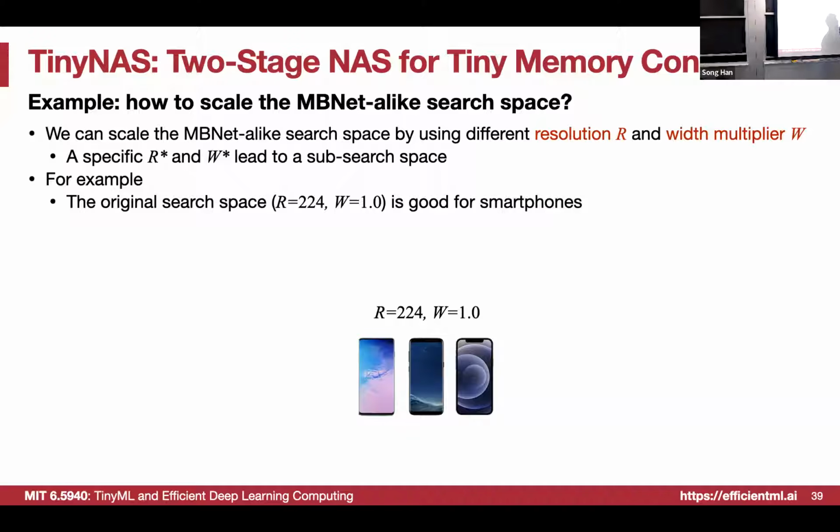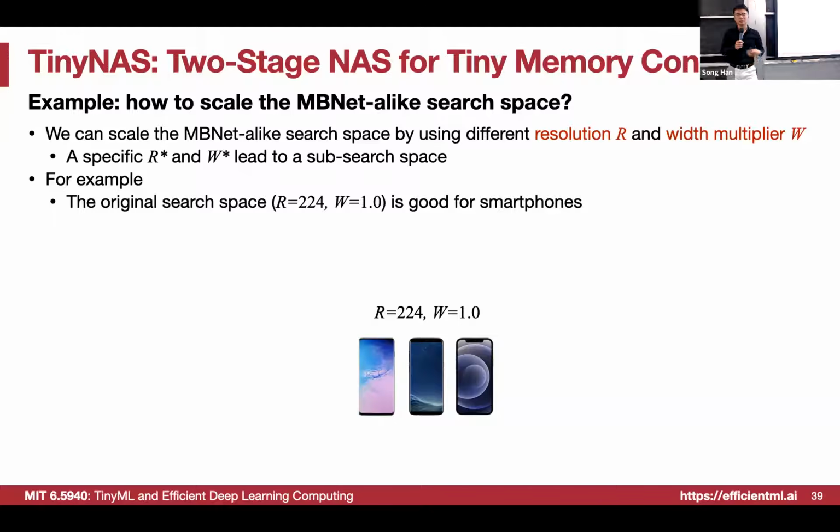We characterize them by the resolution and also the width multiplier: how wide is the neural network and what is the resolution? A specific resolution and width can lead to a sub search space.